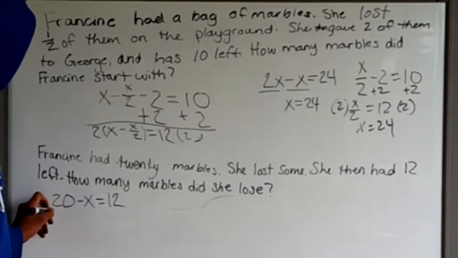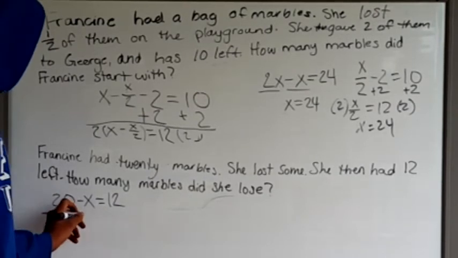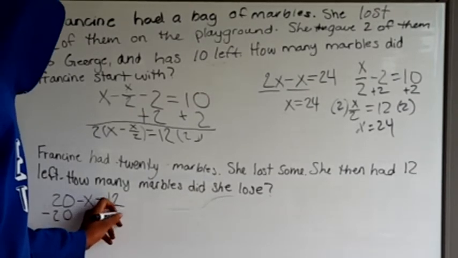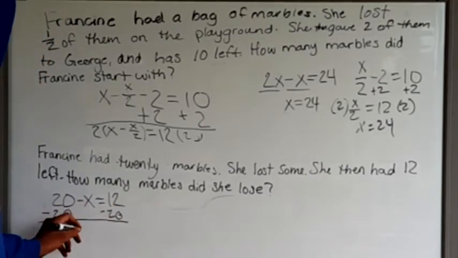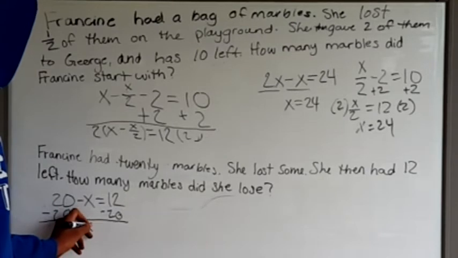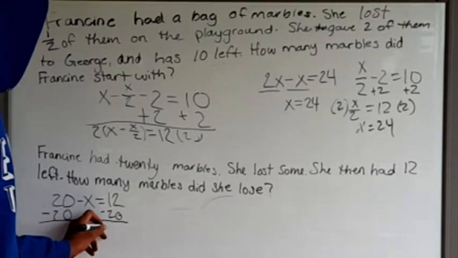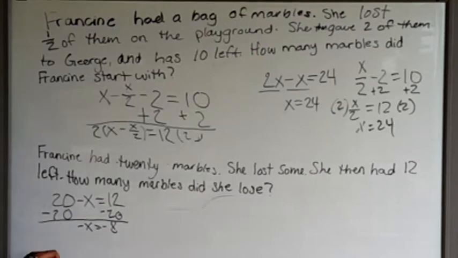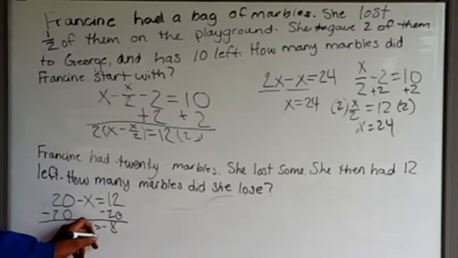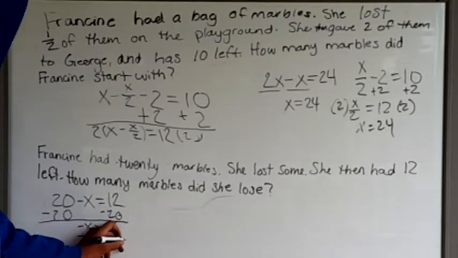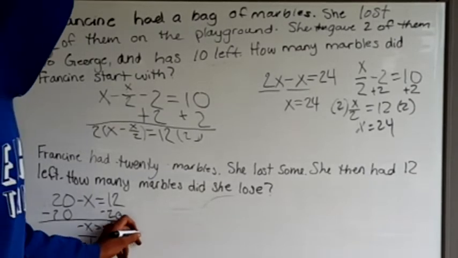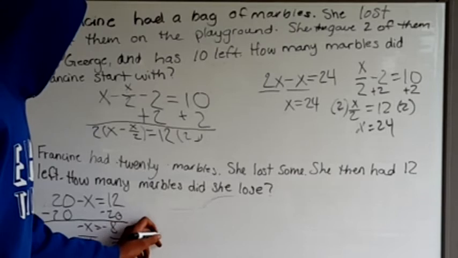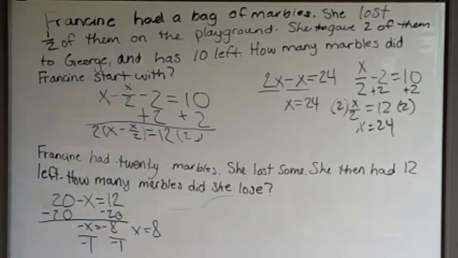So now we're going to subtract 20. And then we get negative x equals negative 8. Good job.